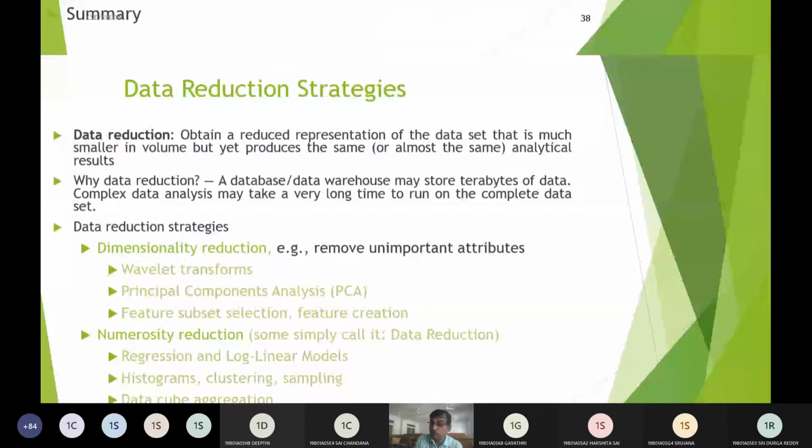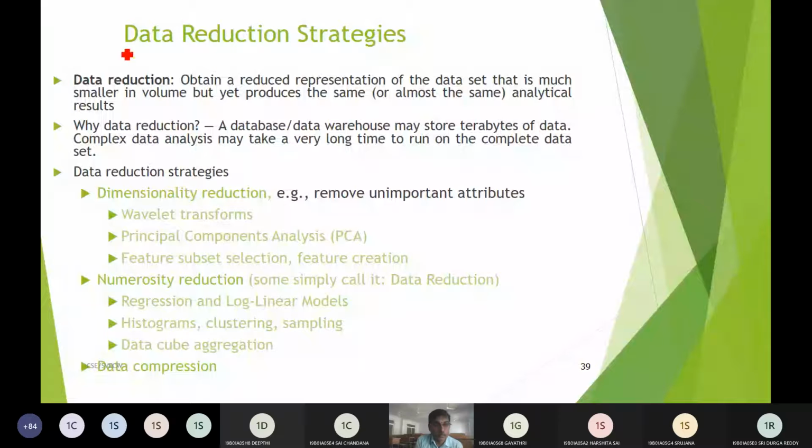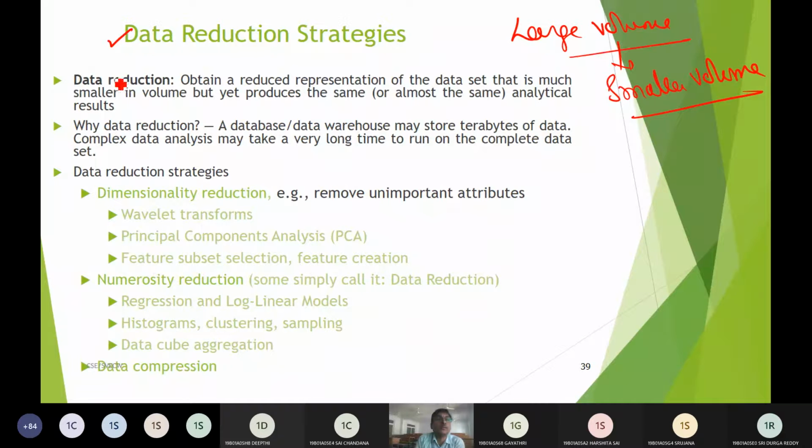Now let us look at a new term called data reduction. When we are talking about data reduction, the main intent is that we have large volumes of data, and this large volume of data should be converted to smaller volume. This is the intention, and we call it data reduction.